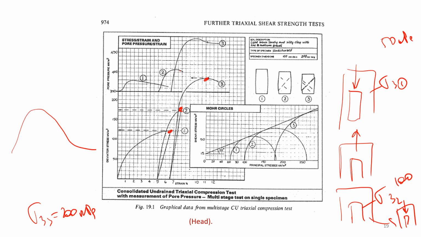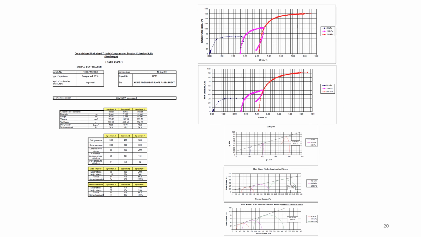You have to take that into account, but it's not even you, it's the lab guys. So I would suggest you not carry out multi-stage, because you need to make sure the lab guys are so good.